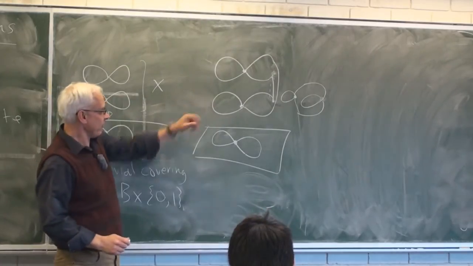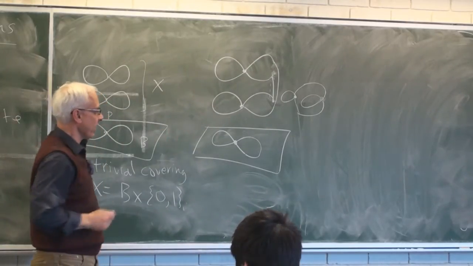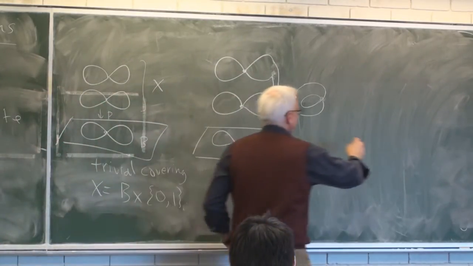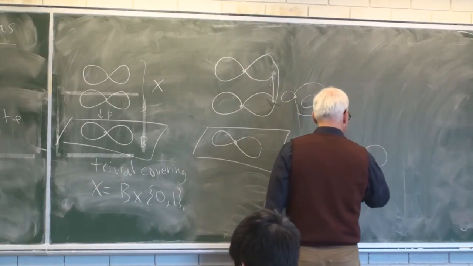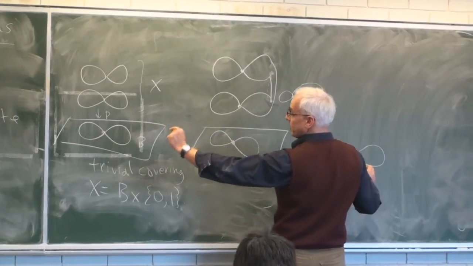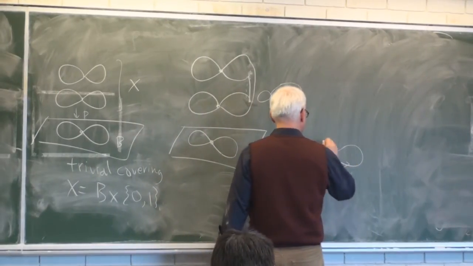Now that's a little bit awkward to draw, so I'm going to draw it in a different way. Here's our base space, and we'll keep the notation alpha and beta.